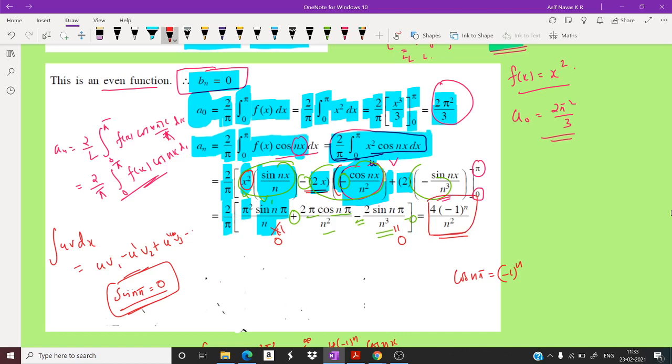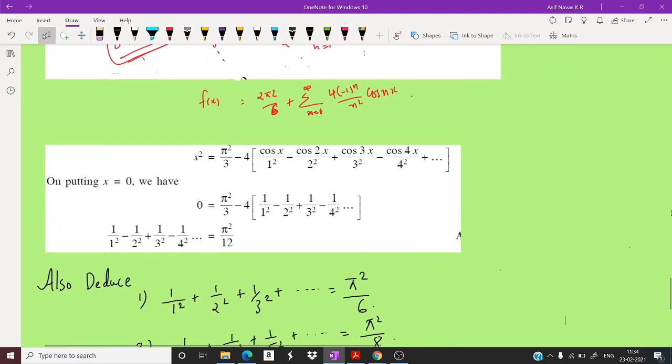So what is f of x? Our Fourier series is of the form a naught by 2 plus sigma n equal to 1 to infinity a n cos n pi x by L. That means L is pi, therefore cos nx.